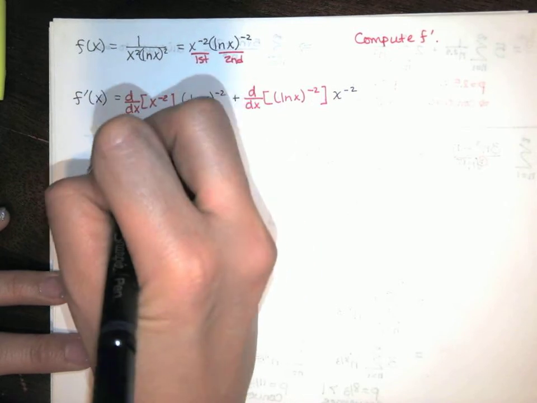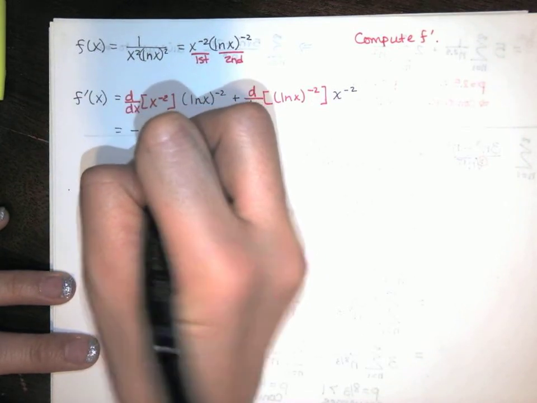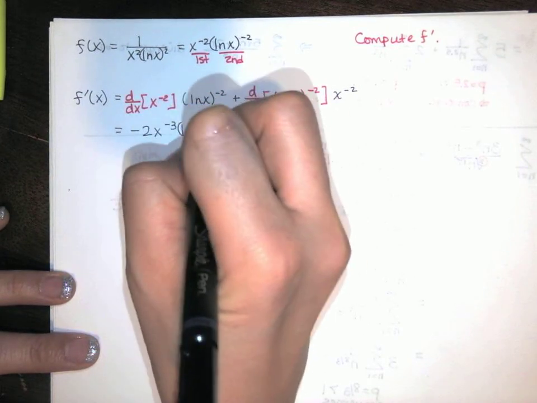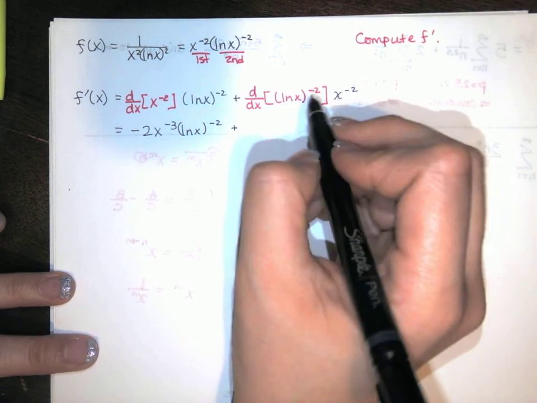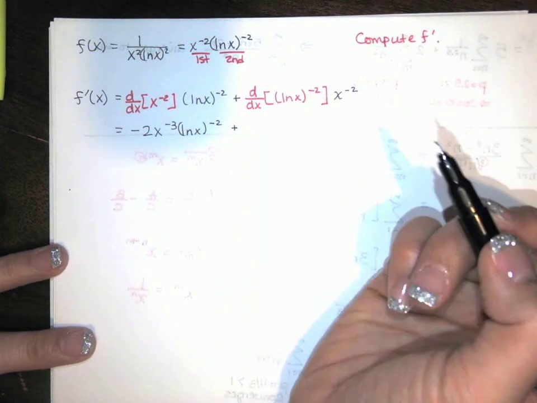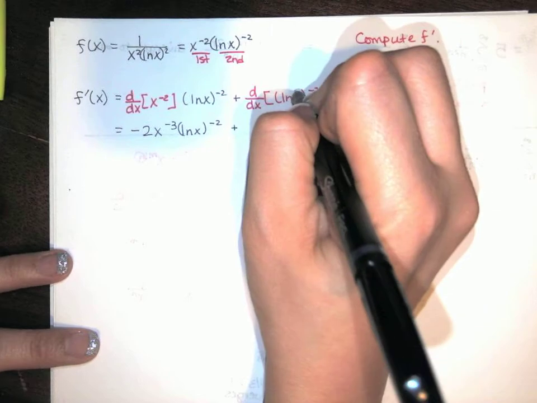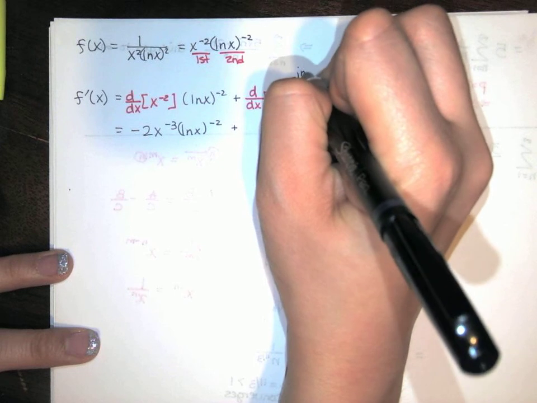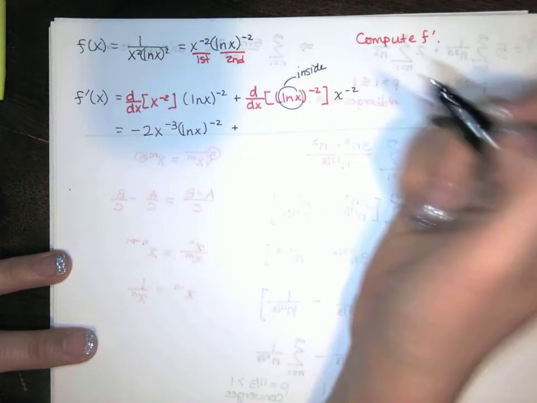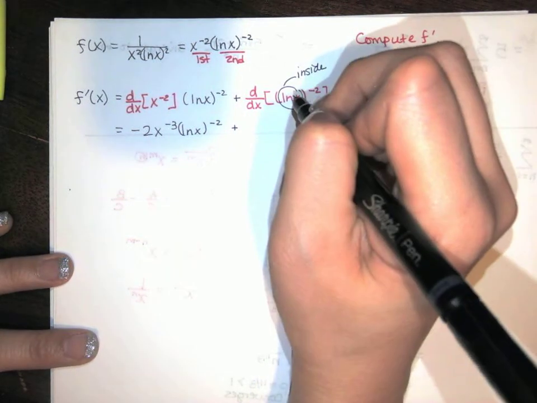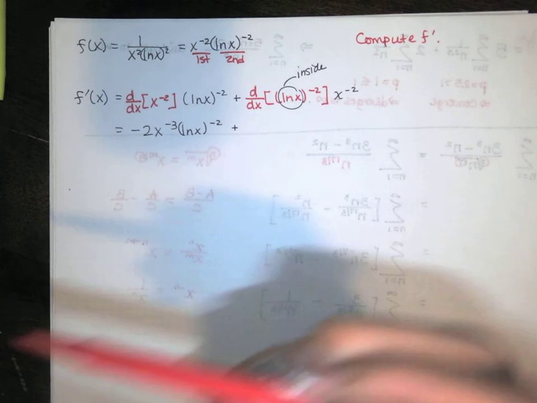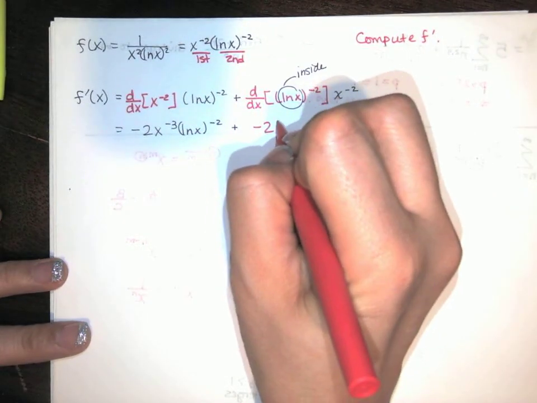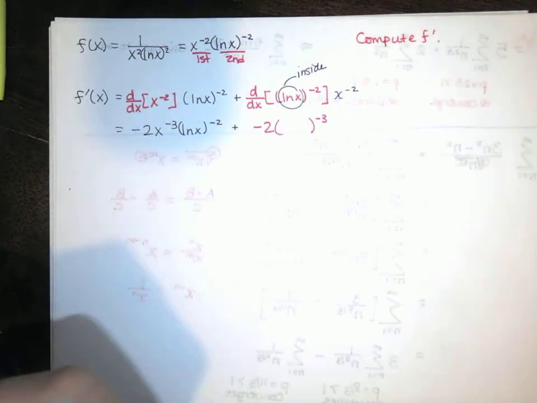Derivative of the first is negative 2x to the negative 3. Derivative of natural log of x raised to that power requires the chain rule because I've got a function nested inside another function. So the derivative of a function to the negative 2 is negative 2 times the function to the negative 3.